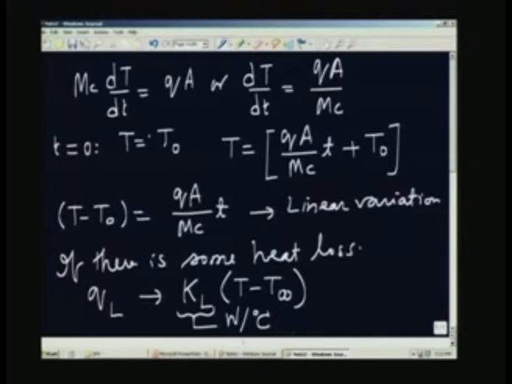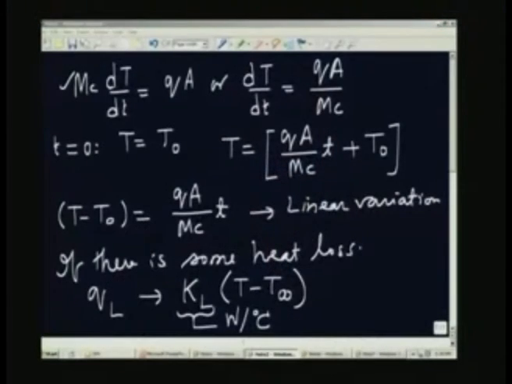So, for that, let us rewrite the equation. If you go back here, you will see that I had mc dT by dt equal to qA, but because there is a loss, I have to subtract the loss part from qA. If we do that, the equation will change as shown in the next slide.